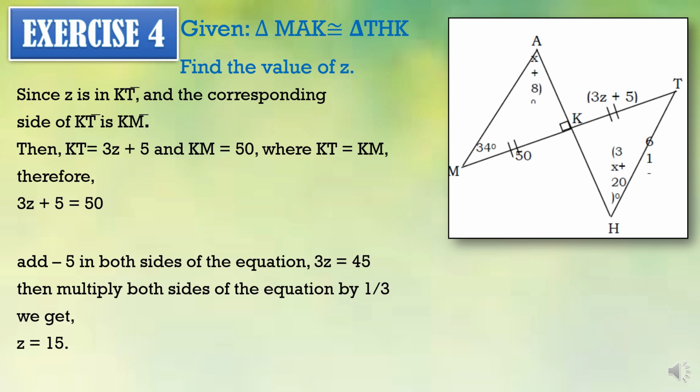To do the checking, you just have to substitute the value of Z into the given expression 3Z plus 5. So, that is equal to 3 times 15 plus 5, which is equal to 50. Therefore, the measure of line segment KT is equal to the measure of line segment KM.